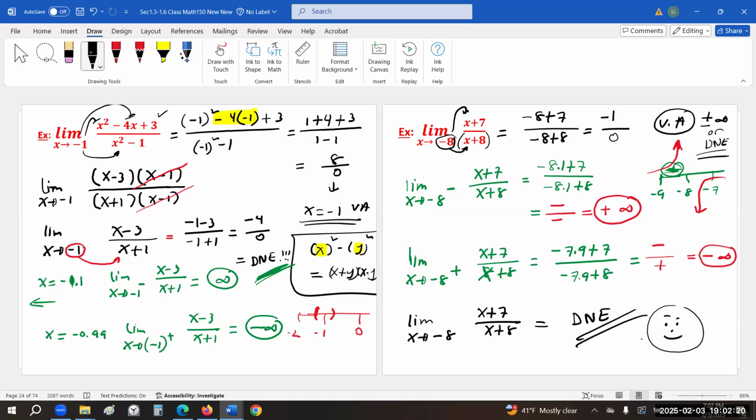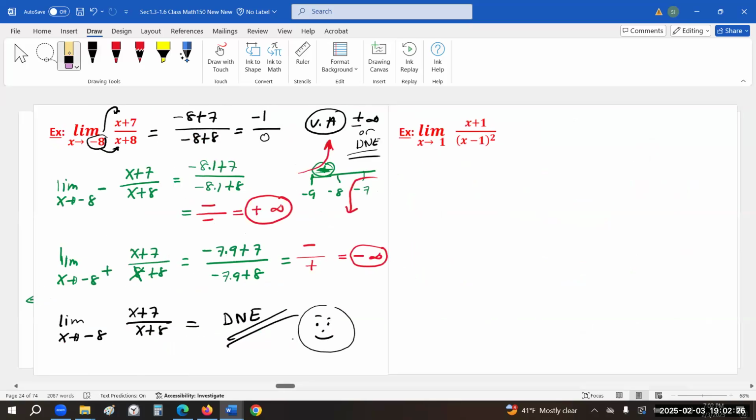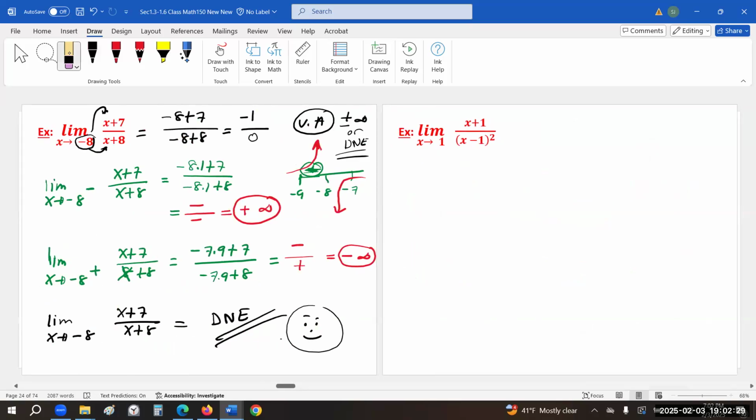And if the factor doesn't have an even power, then it doesn't exist. Usually, not always, okay? Now, in here, if we apply my rule, we have a 2 power on the top. That means our limit will exist. Either it could be positive infinity or negative infinity. I could be wrong, but as far as I remember.